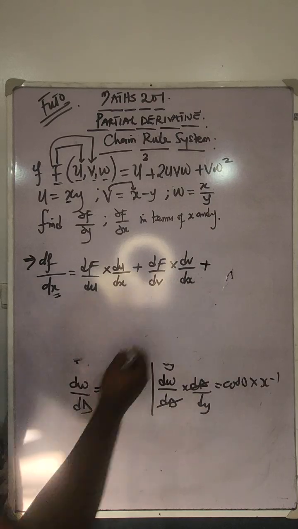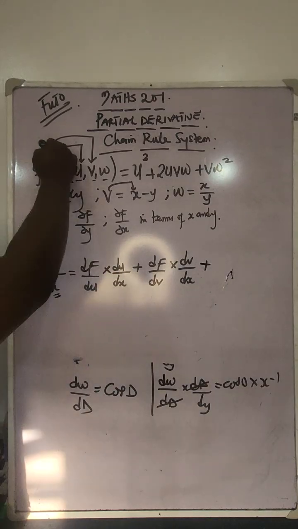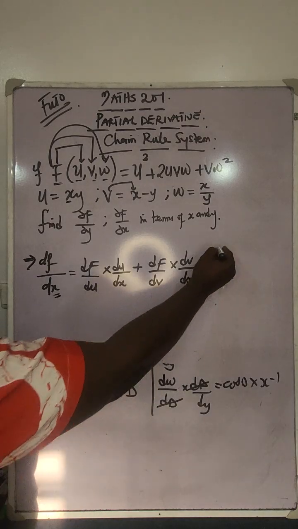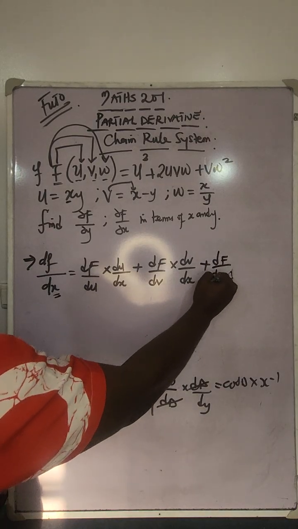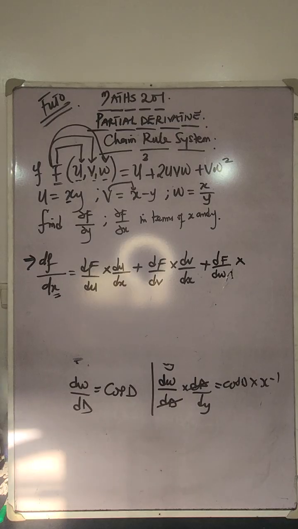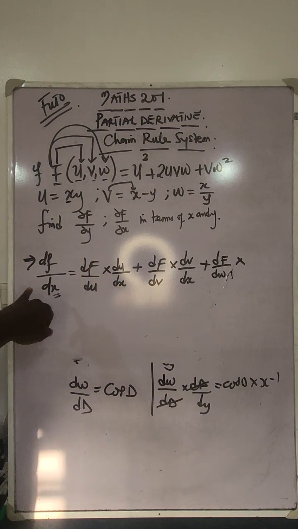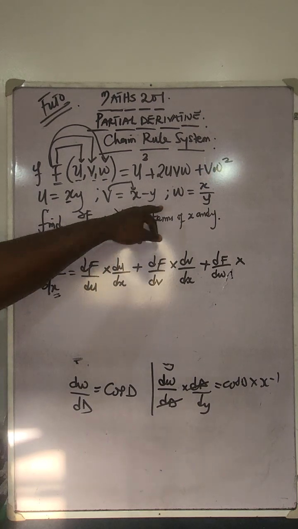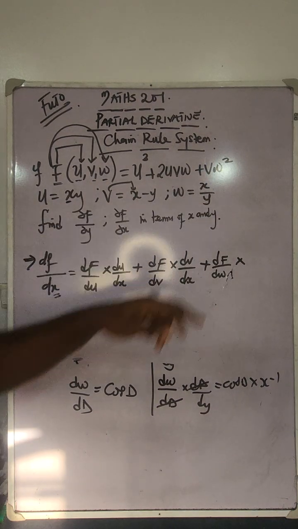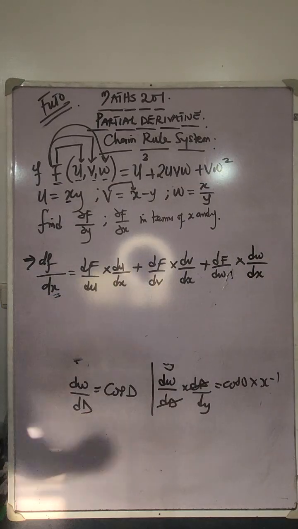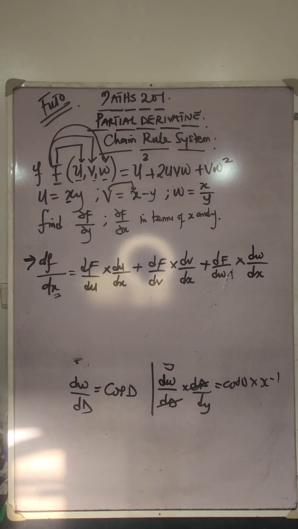The next person, hey, father, how are you? Call the third child for me, which is W. dF/dW, multiplied by, okay, W, are you around? We are respecting X in this case. He said, yes. dW/dX. That is it. Wow, beautiful.